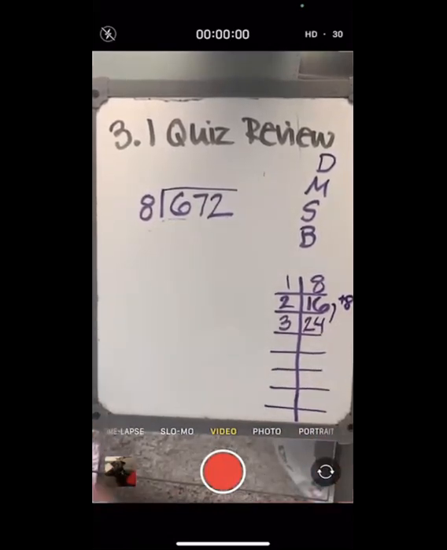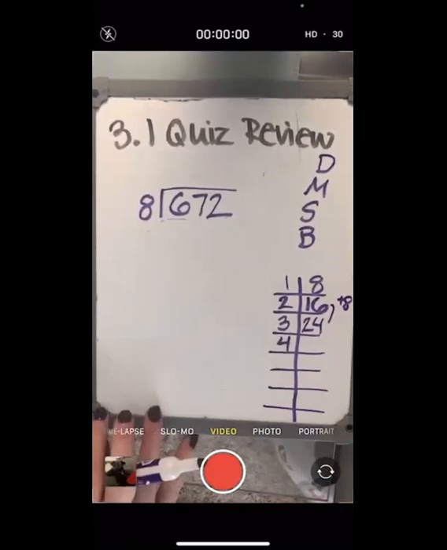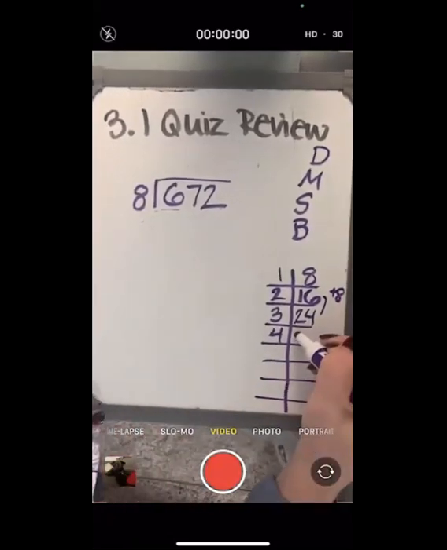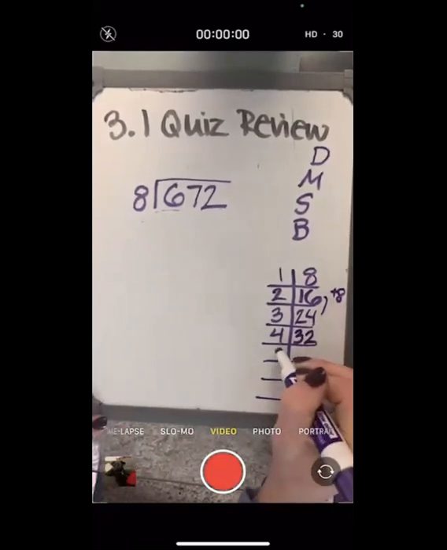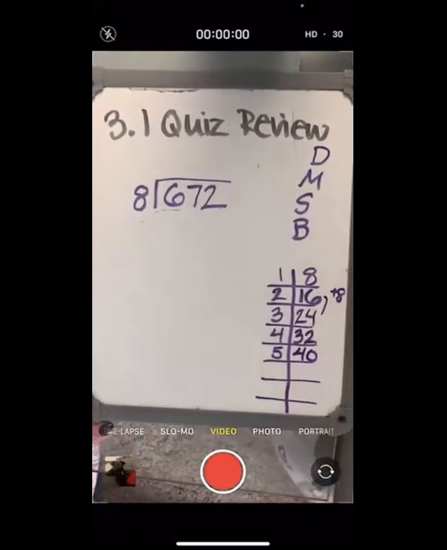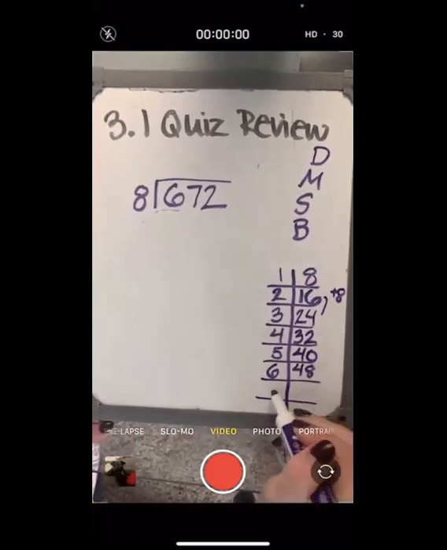All right, 8 times 4. PJ, will you unmute yourself really quick and finish this up, please? 8 times 4 equals 32. 8 times 5, 40. 8 times 6, 48. 8 times 7, 56. 8 times 8, 64. Beautiful.